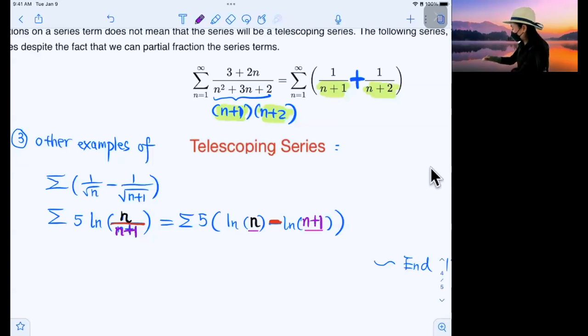Now, by doing this, if you write down the sum of the first n terms, because of the subtraction here, and also because this is n and this is n plus 1, you will see that there's some canceling in between for the Sn, okay? So remember this when you do homework, okay?